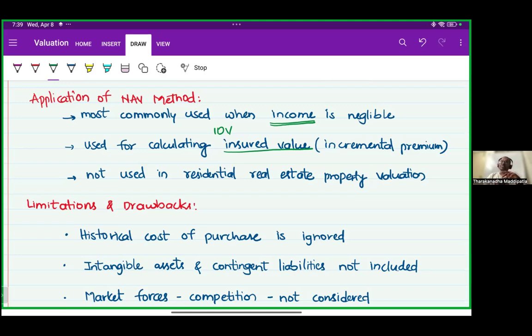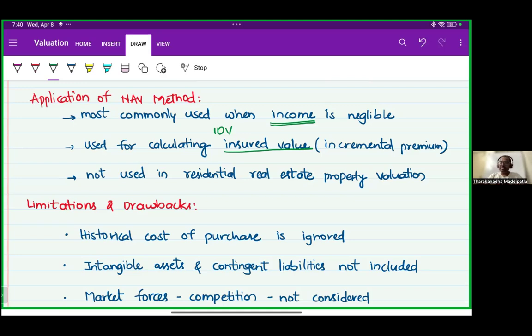And now you are going for an insurance for that machine, then the insurer will value how much outflow of cash will be there for the insurance company to buy this machine. So that is the insured value, and then we will calculate the incremental premium required for the insured value.